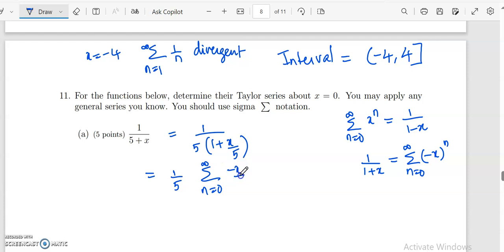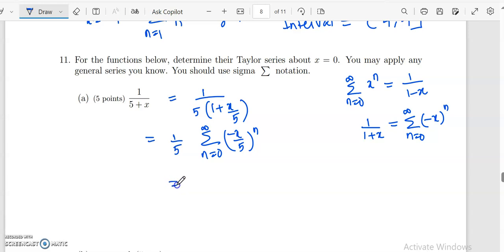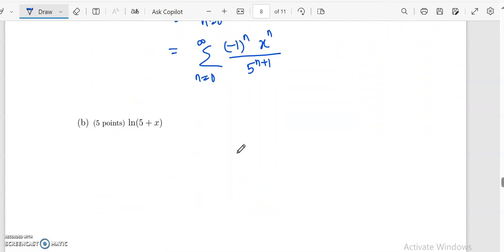So we will get minus x by 5 whole raised to n. So that will be summation n equal to 0 to infinity. So we will have minus 1 whole power n x raised to n. And here there is a 5 raised to n, and there is a 5 here. So we will get 5 raised to n plus 1. So that will be the required series.